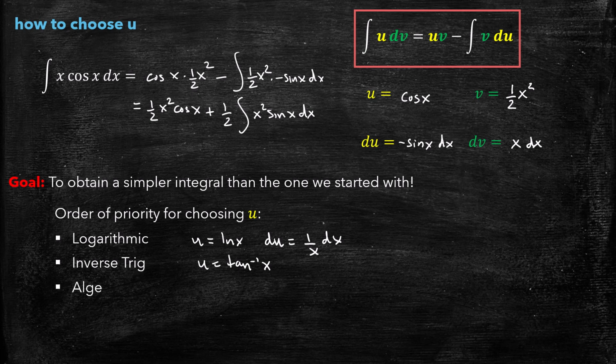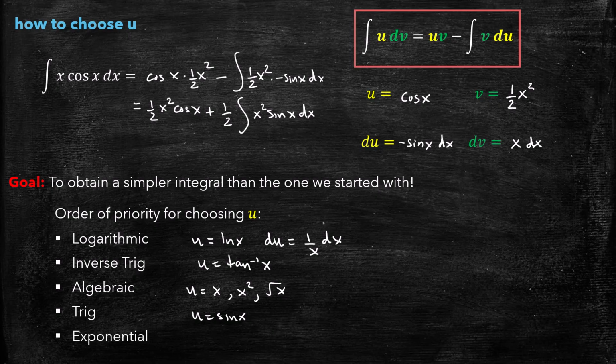The problems we considered before, where u was x, are called an algebraic situation. So that's if u equals x, or x squared, or root x. Then the trig, so you would make u equal to sine x or cosine x, only as a last resort.